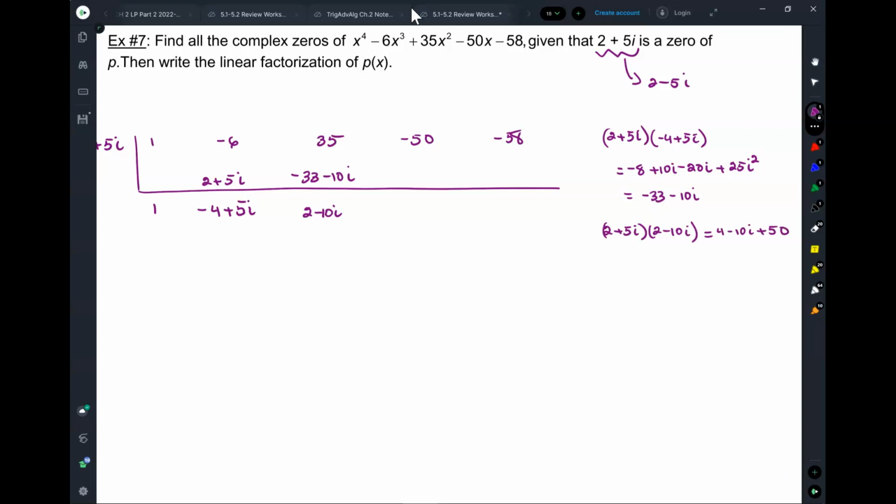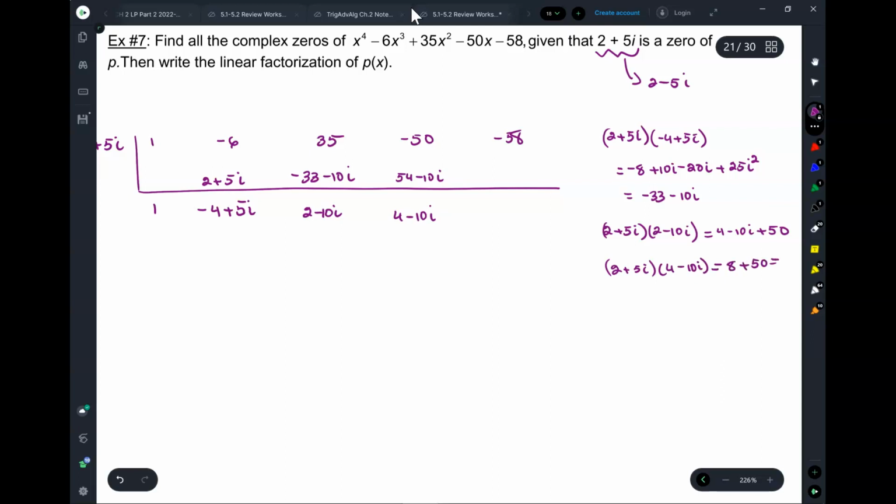That's 54 minus 10i. There is a little bit of a satisfying nature when we do the other one, I promise you. So 4 minus 10i is what I get. And then 2 plus 5i, 4 minus 10i, it's like black magic. You get 8 plus 50, 58. So you get 0.